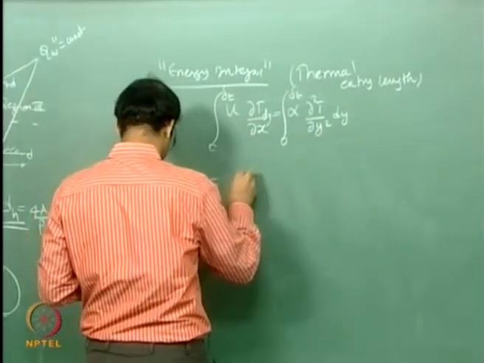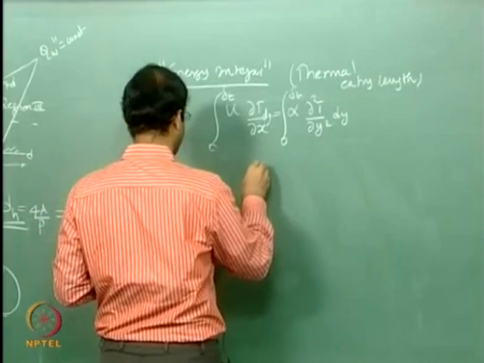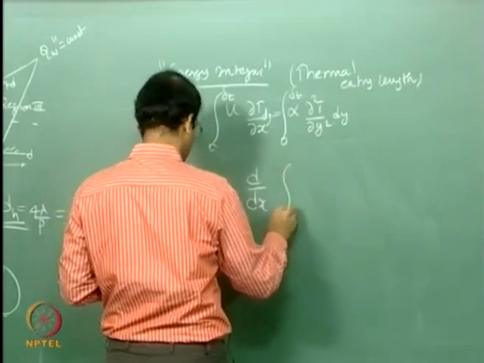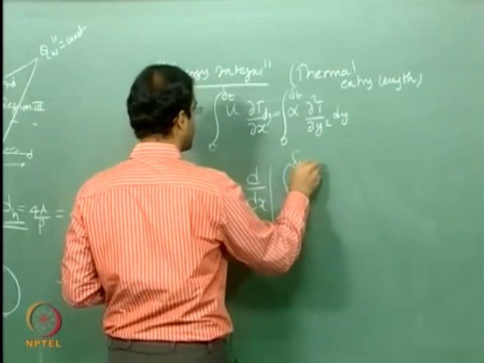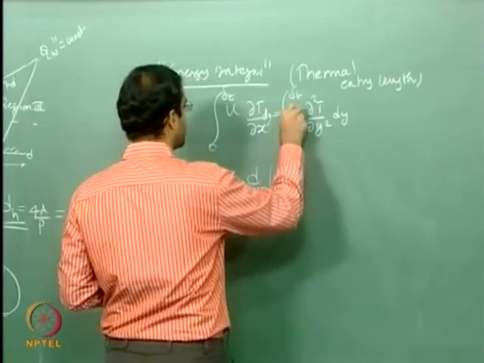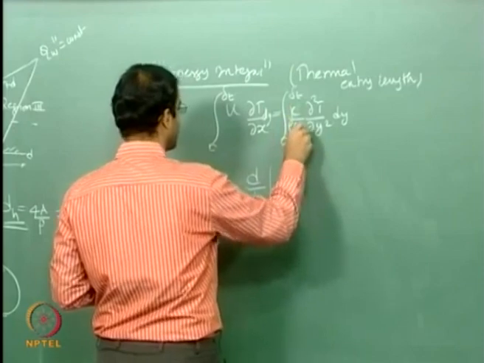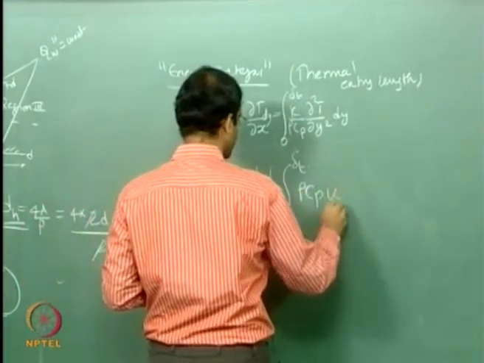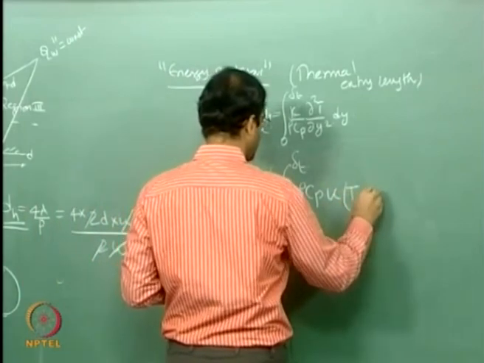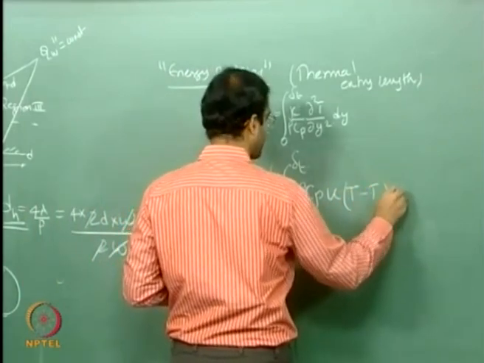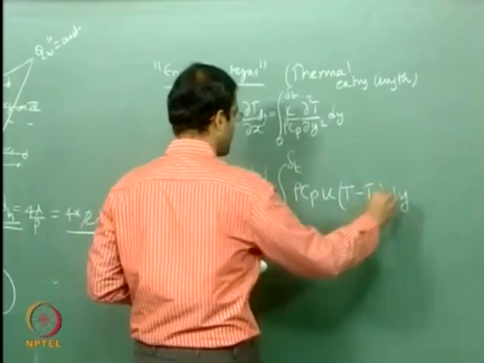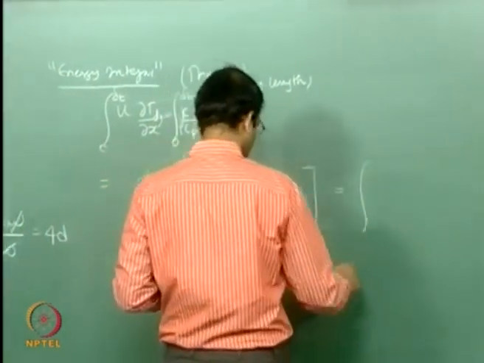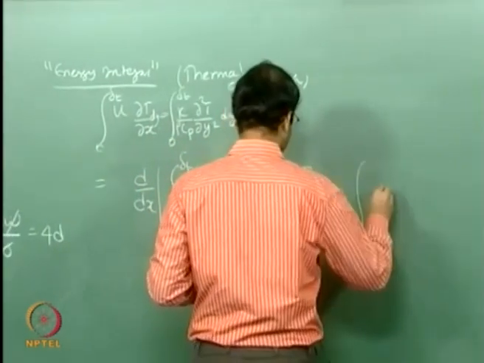So I can express this as d by dx, integral 0 to delta t. I can write alpha as k by rho Cp. I can take rho Cp to the left: rho Cp u into T minus Ti dy should be equal to the integral of d square T by dy square.